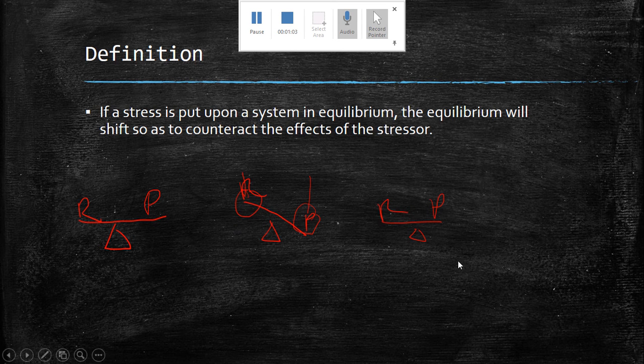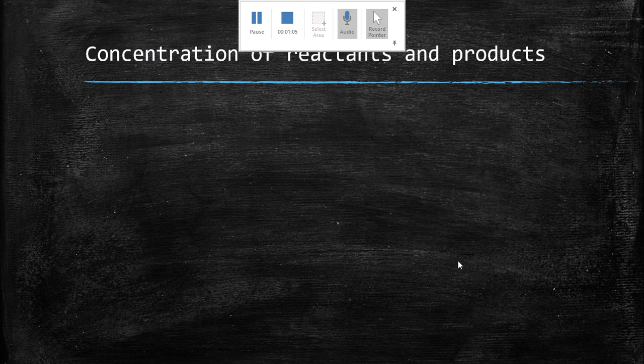So now we're going to go through some examples of what can cause these shifts. One such shift can be the result of a change in concentration of reactants or products.